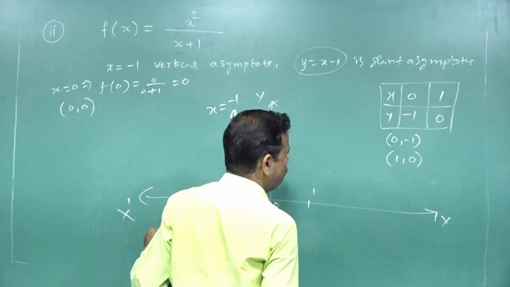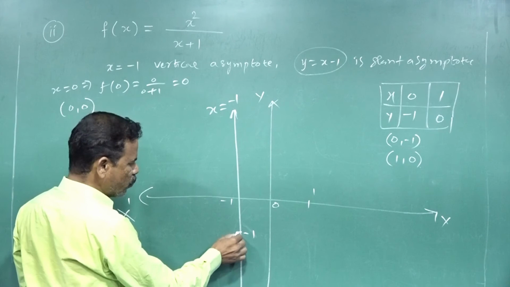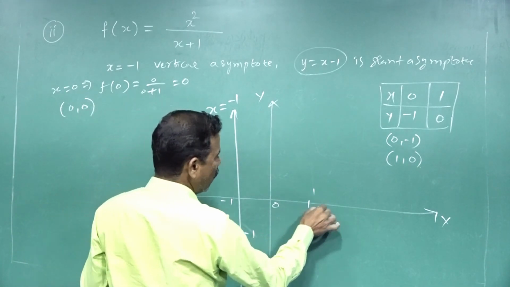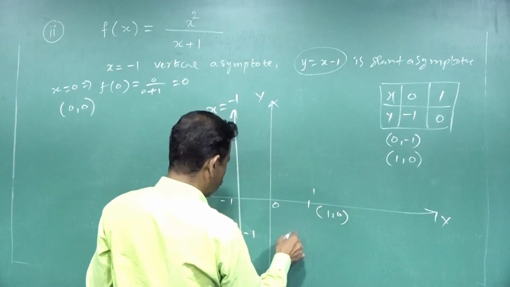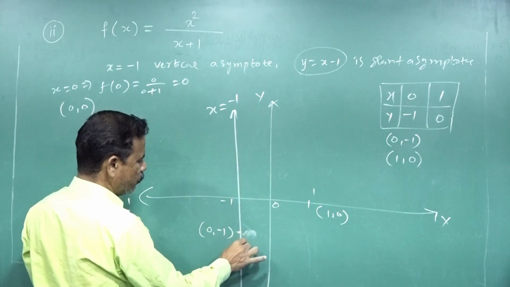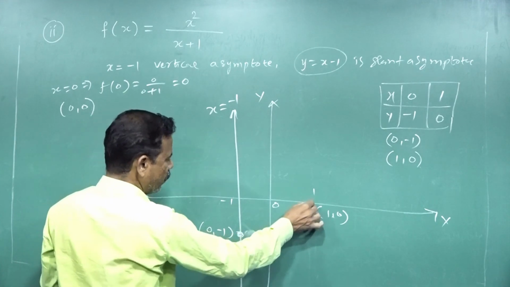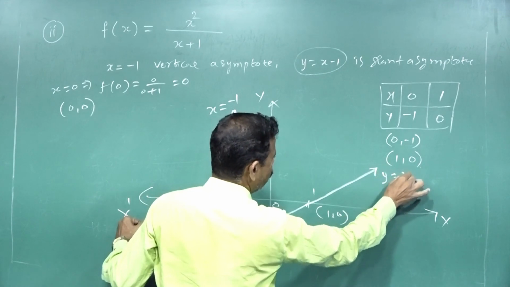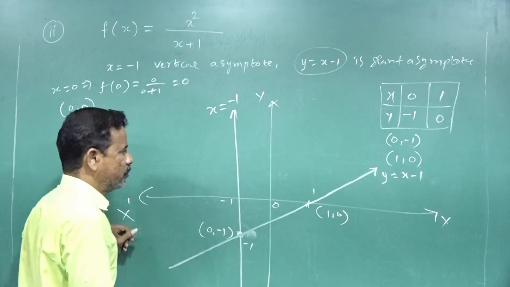These are the intercepts: 0 comma minus 1 this point, 1 comma 0 this point. So that line passes through here and here. This is the straight line y is equal to x minus 1.